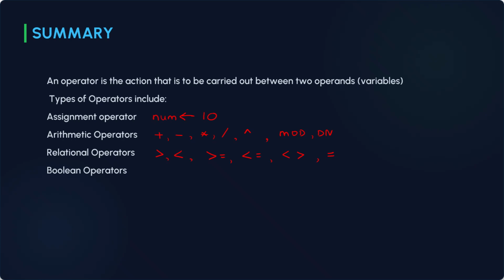And the Boolean operators, which include AND, OR, and NOT, are used to decide based upon the comparison between two different values, whether you want to proceed if both the conditions are true, or if either one of them is true, or if none of them is true, or you want to reverse the result.